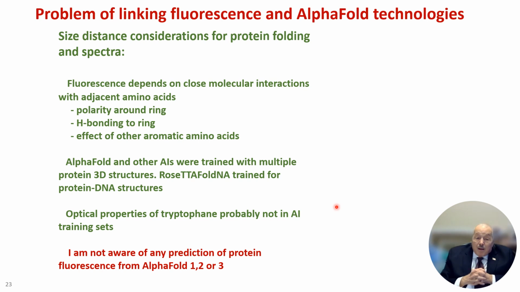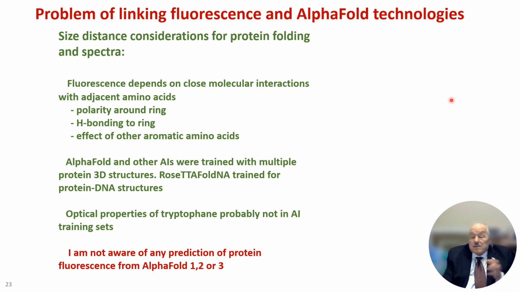But there's one problem that I don't know how this is going to be solved. And this is the problem of how you link fluorescence with the AlphaFold technology. If you consider the size and distance considerations, they're very different for the programs.